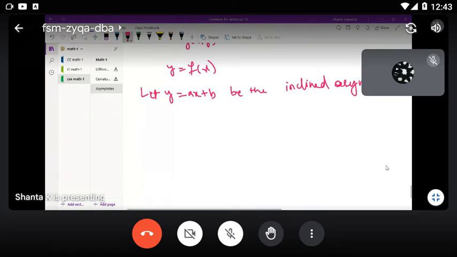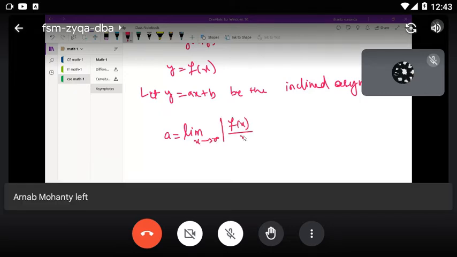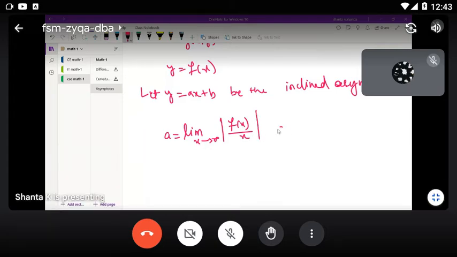So here we need the values of a and b. What we do here is, a will be the limit as x approaches infinity of f(x) divided by x, and b equals the limit as x approaches infinity of f(x) minus ax.